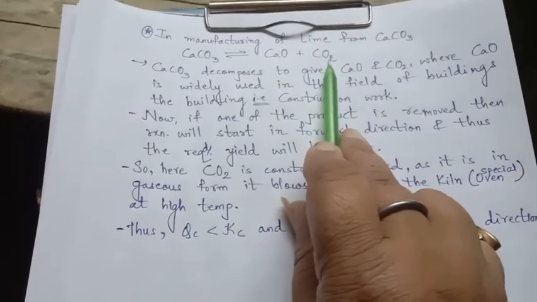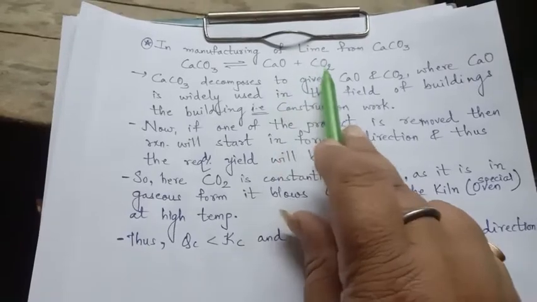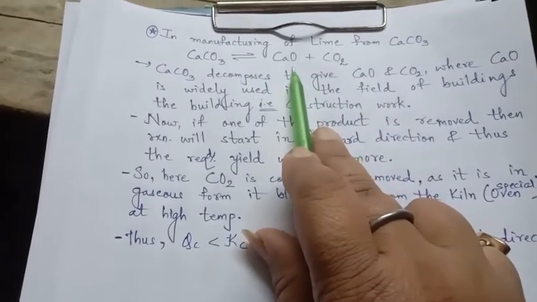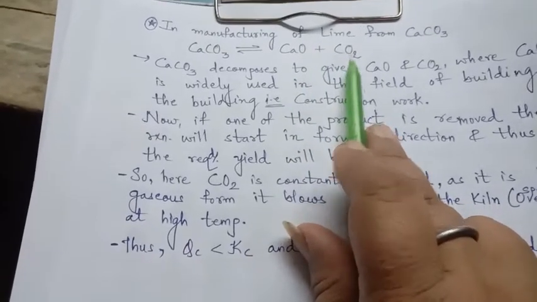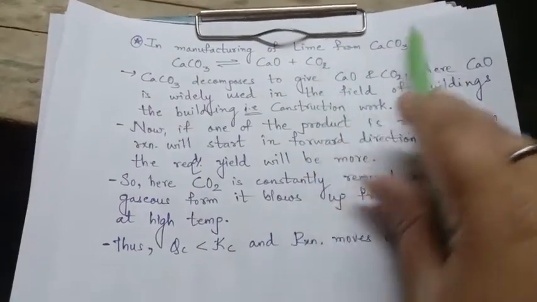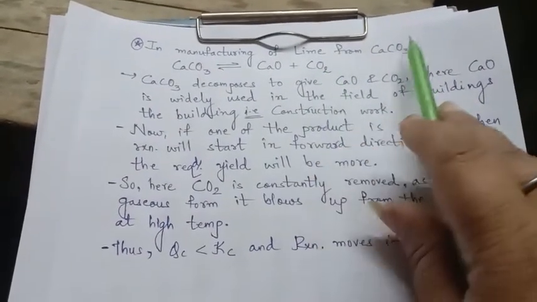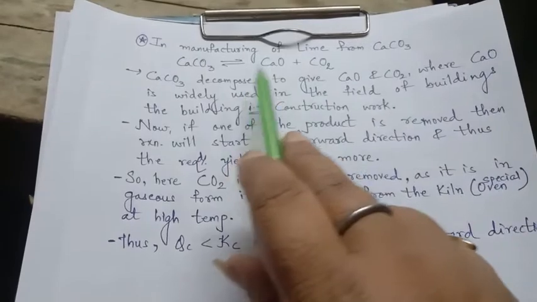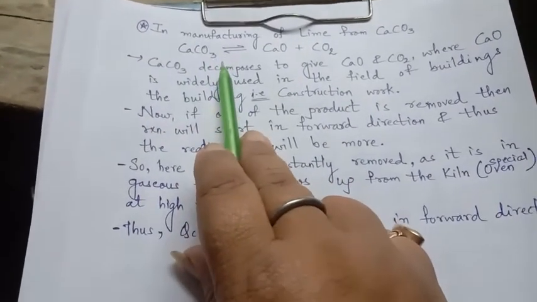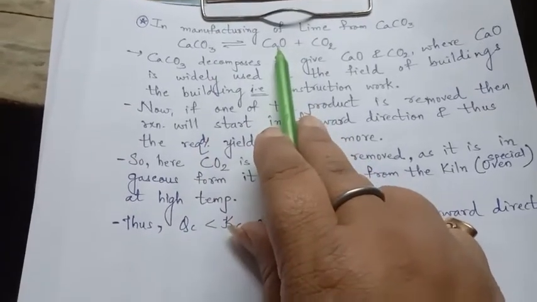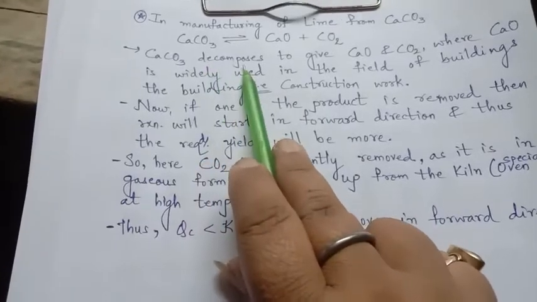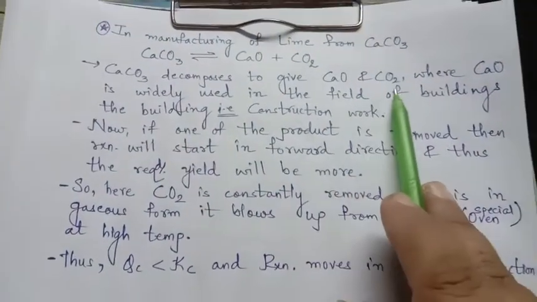Here, carbon dioxide is in gaseous form and calcium oxide is in solid form. Gases will blow away very fast, so here also removal of product will take place, and with it the addition of reactant should be more. So more and more decomposition will take place for the production of calcium oxide.